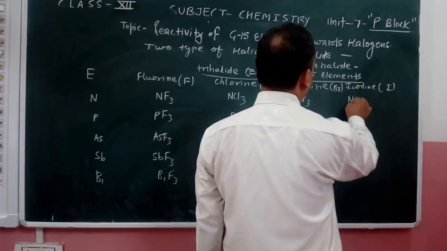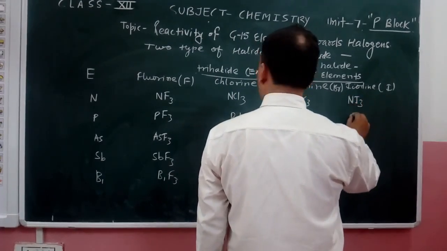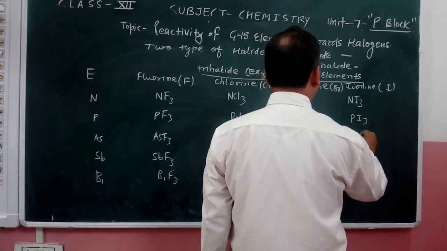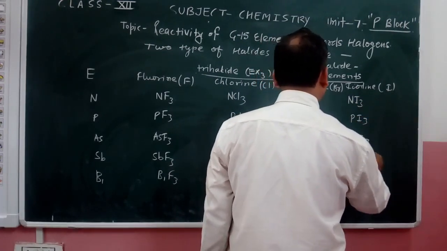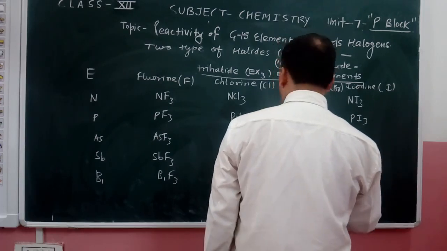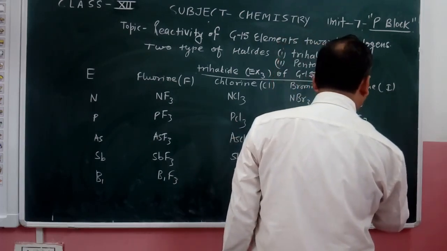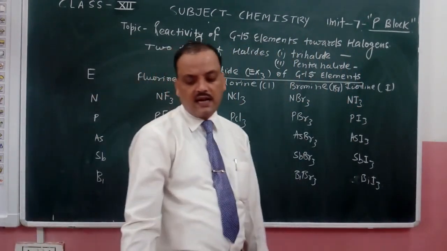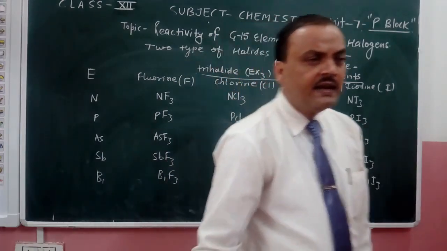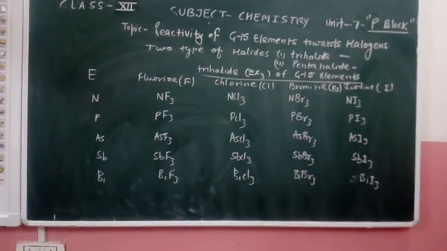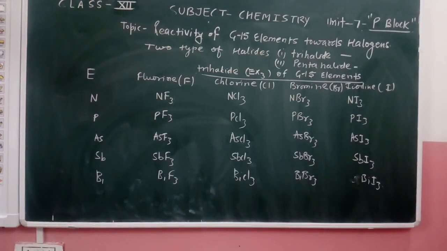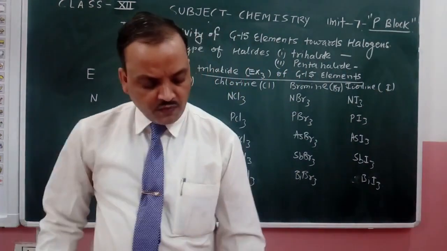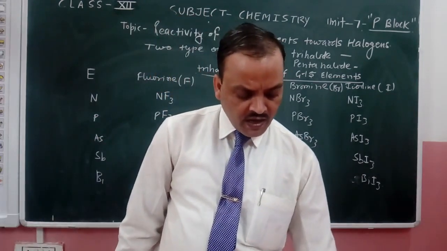We have NI3, PI3, AsI3, SbI3, and last BiI3. So these kinds of trihalides are formed by these given elements of group number 15.